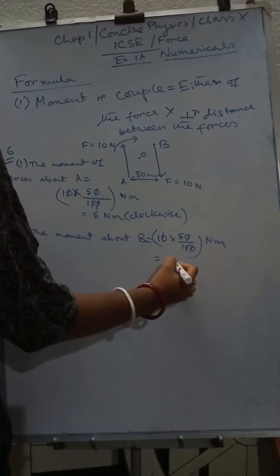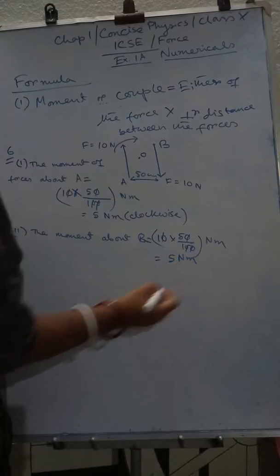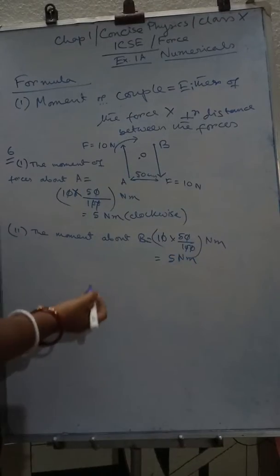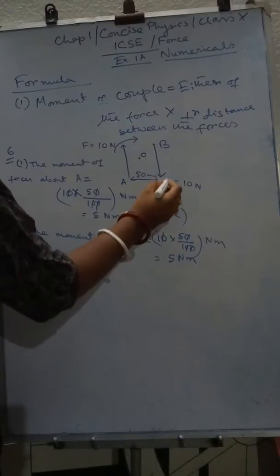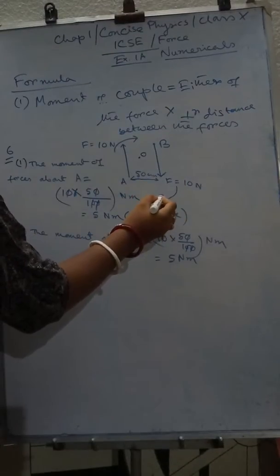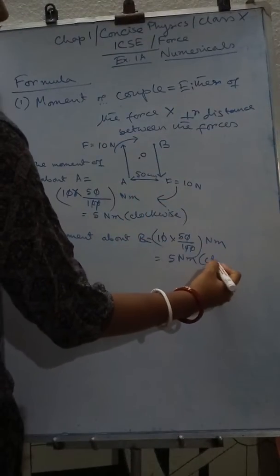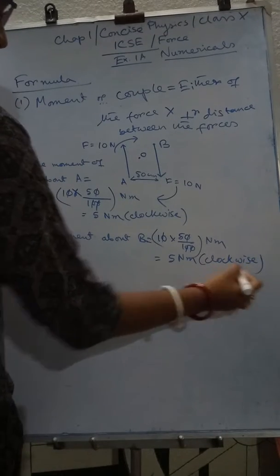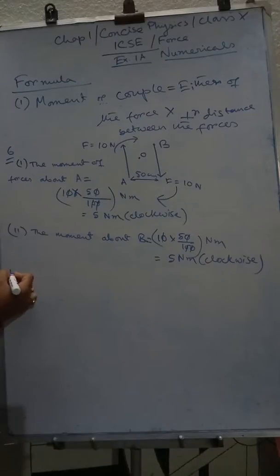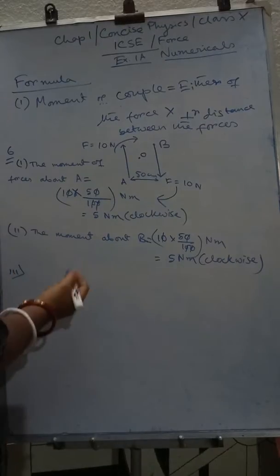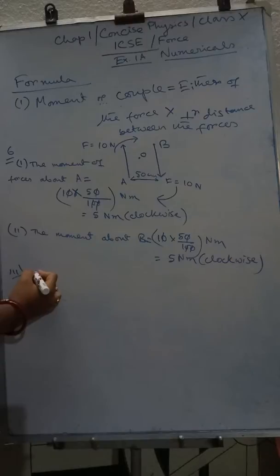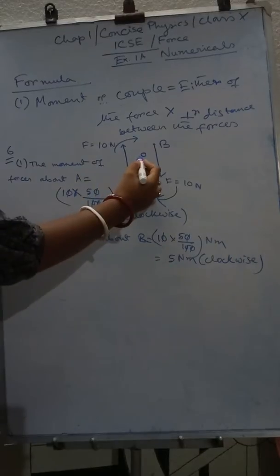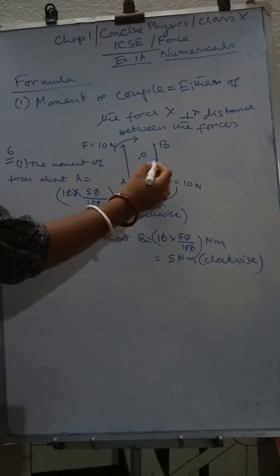The moment will also be 5 Newton meter in this case and the direction will be clockwise. Now we have to find the moment about the point O, which is at the middle of two forces.